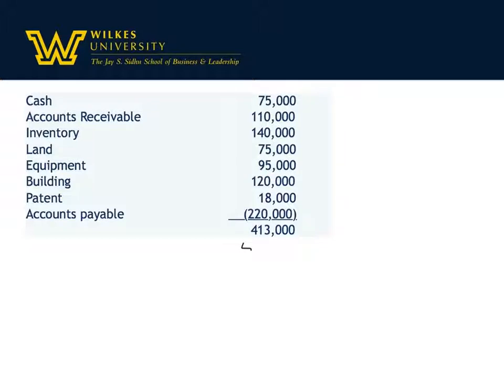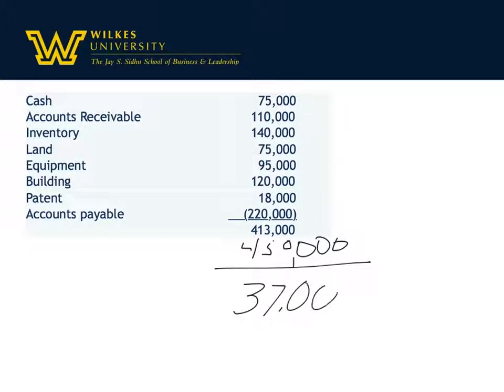Well, if we're paying $450,000, then the difference is actually going to be $37,000. We're paying $37,000 more than the value of the assets we're buying. So of our purchase price, we're paying fair value for each of the things we're purchasing, but we're also paying extra for goodwill.